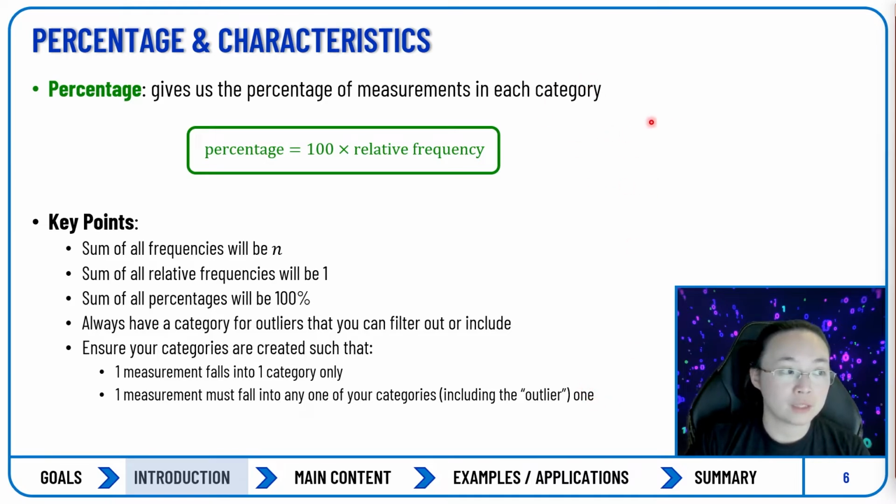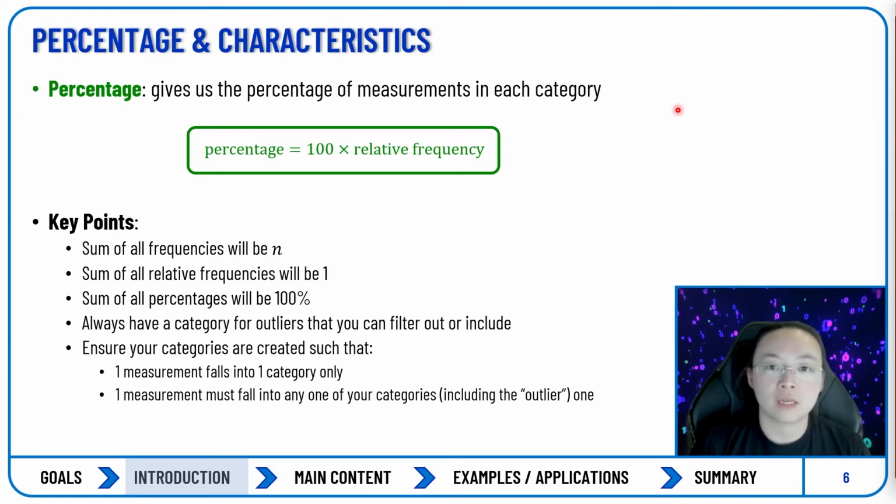Now on to percentage and characteristics. Percentage is very closely related to relative frequency. It's just 100 times the relative frequency, and that gives you your percentage. So based on these 3 metrics, there are some key points. As soon as you calculate the relative frequency or the percentage, you can check to see if your calculations are correct.